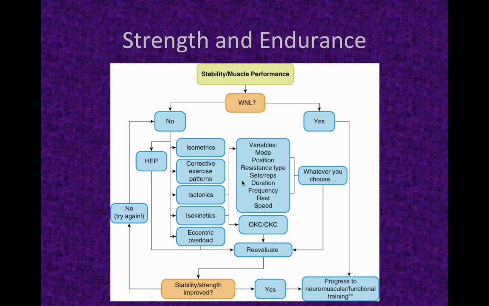When we're working on strength and endurance, there is a hierarchy for progression of resistance exercises. This is in your book, but I'll go through it for you. I will demonstrate some different exercises that would fall in these categories. Single angle, submaximal isometrics in a neutral position. That's your very first one.